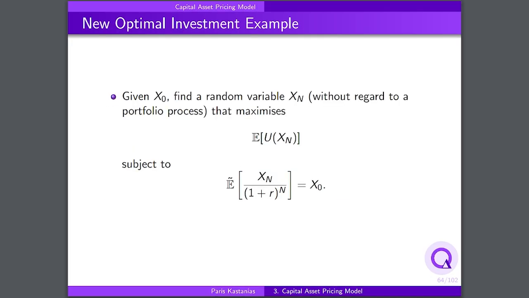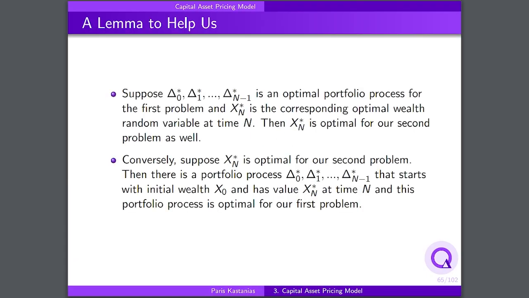Okay, so here's the new problem. You have to maximize the expected value of the utility of xn subject to this. Okay, how do we do this? Suppose that the little star at the top basically means it's the optimal version of it. So assume that's an optimal portfolio process for the first problem, and xn star on top is the corresponding optimal wealth random variable at time n.